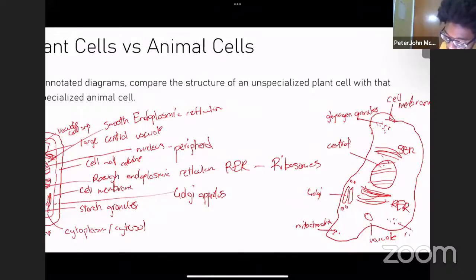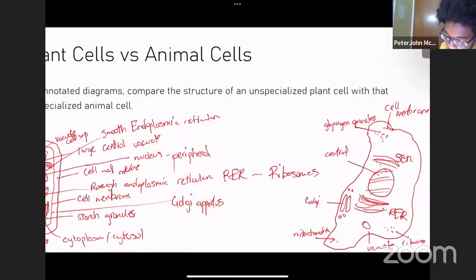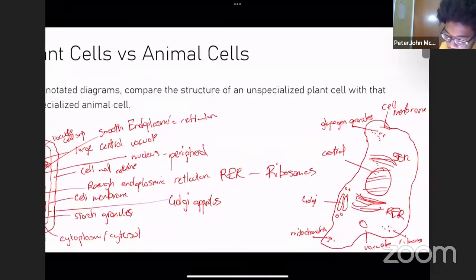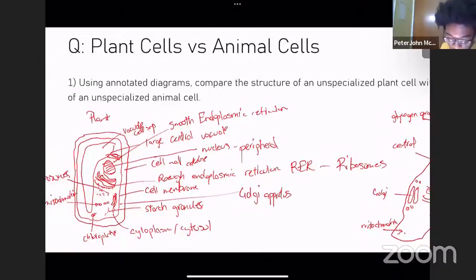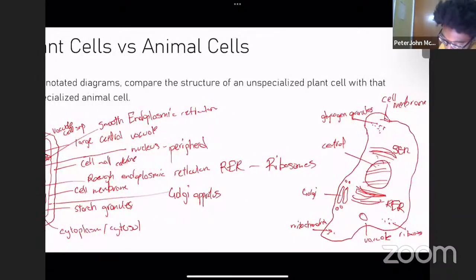I'm about to ask you guys what the function of all these things is, by the way. So think about it. What else? Do you have anything else? I can't think of anything else either. So I didn't label the cytoplasm.